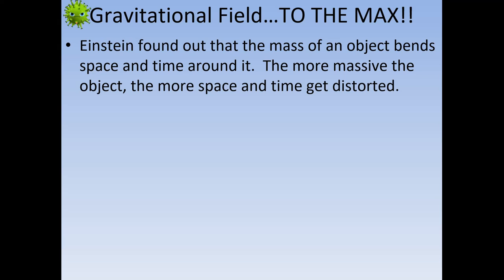If we place a smaller ball onto the trampoline, the ball would end up falling into that little divot caused by the bowling ball, and it would seem like it's being attracted to it, as if by the force of gravity between them.